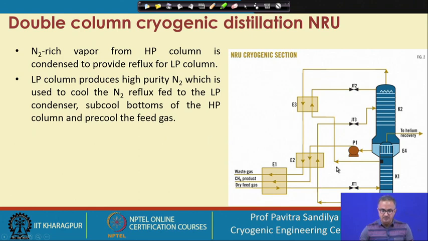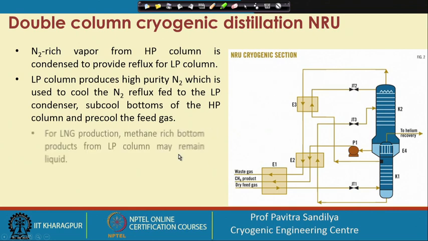So this nitrogen from the low pressure column is used in this heat exchanger, this heat exchanger, and this heat exchanger. This one is the reflux, this is the feed cooling, and this is the cooling of the bottom product from the bottom column. So here we are using all this nitrogen.